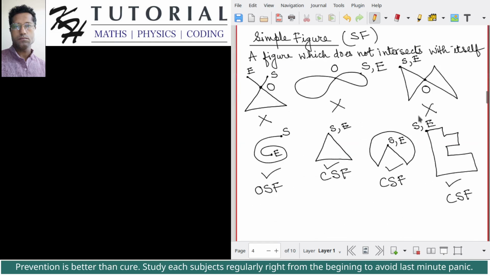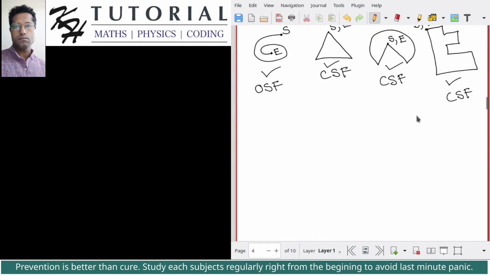Let's say I am drawing a figure. I start at this point S, and let's say I did this. It is clear that the ending point and the starting point coincide.